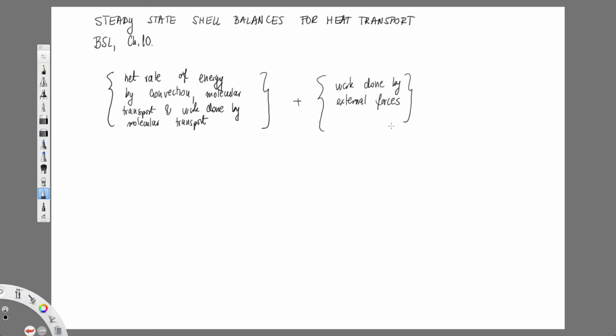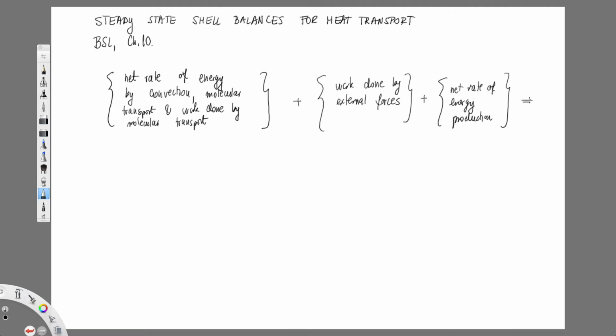And I should also look at any kind of production or sink for my energy inside. So inside my system, I'm going to say net rate of energy production. In particular, I might have a chemical reaction where heat is a byproduct, so I do have to take that into account.